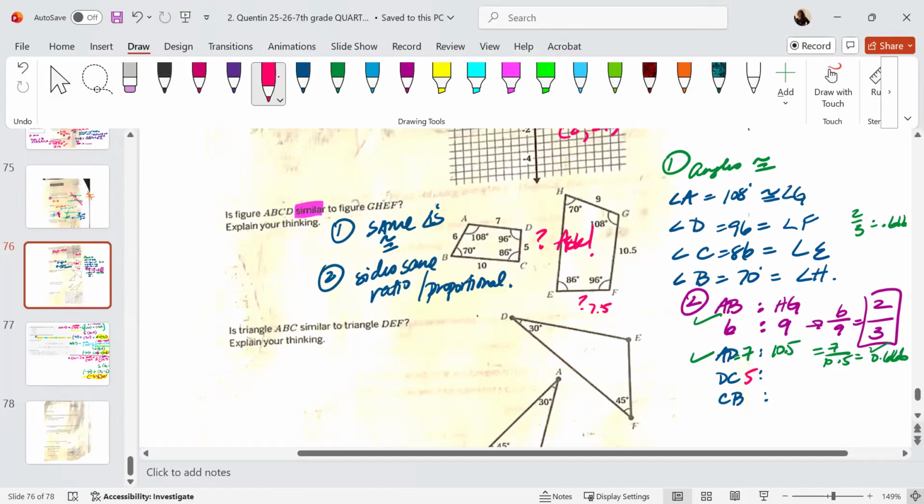No. It's asking, is this similar to that? Okay. You're assuming they're similar. We don't know that. We're trying to prove that. We can't prove that. We don't have all the numbers here. We don't have all the sides. You might want to go ask her about that.